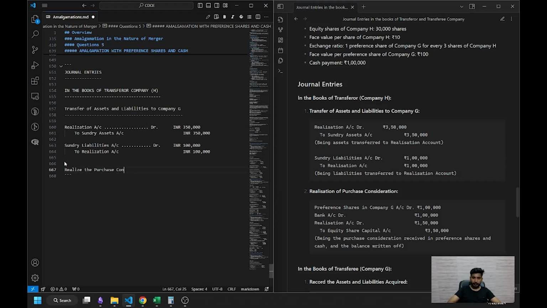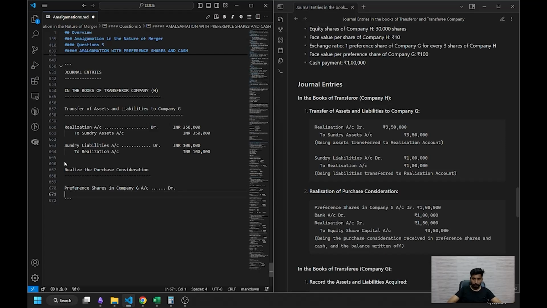After you have transferred all the assets and liabilities, now it's your turn to realize the amount of the purchase consideration, which is the preference shares in company G account debit, bank account debit, realization account debit, to equity share capital account.